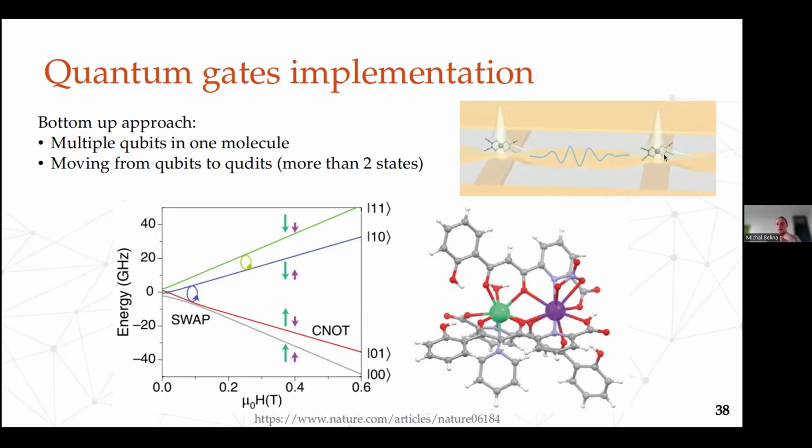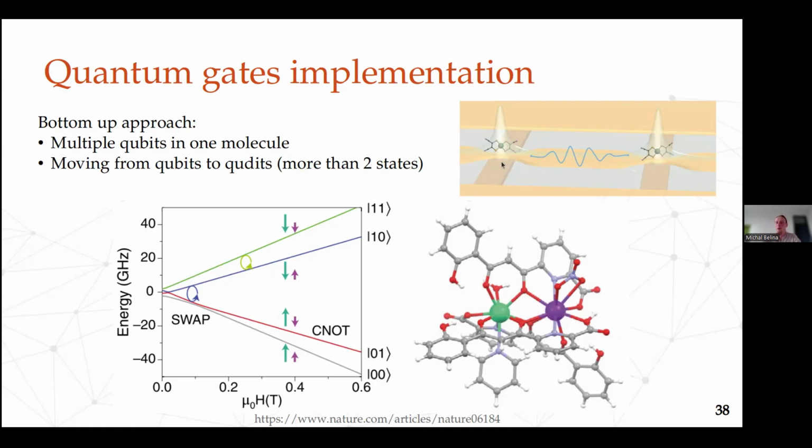Just to show you how different molecules can be coupled together, here they are put on some superconducting matrices in which there is a wire, I don't understand this precisely, but the microwave photon can be captured in here, thus providing some coupling between these two different single molecule magnets.